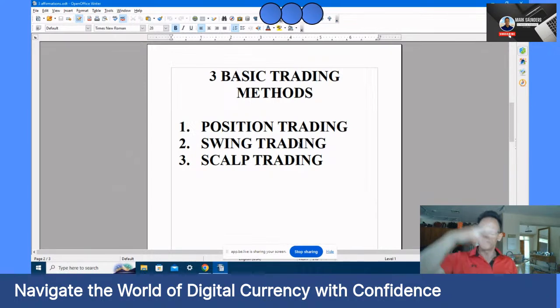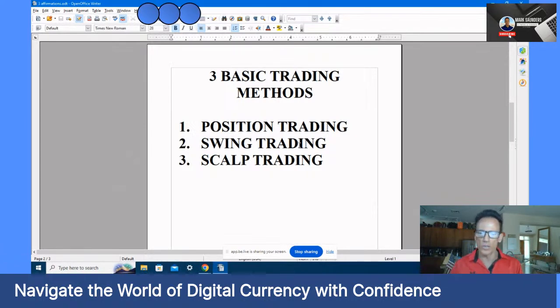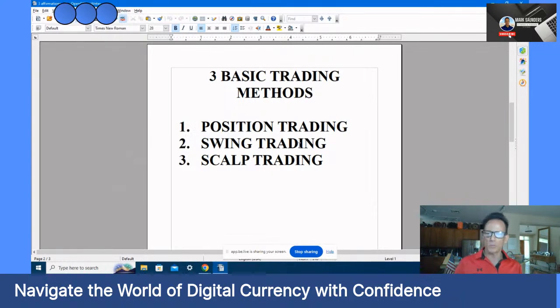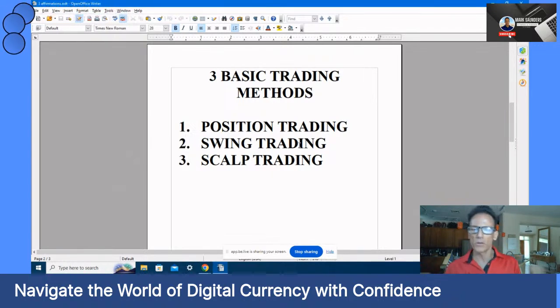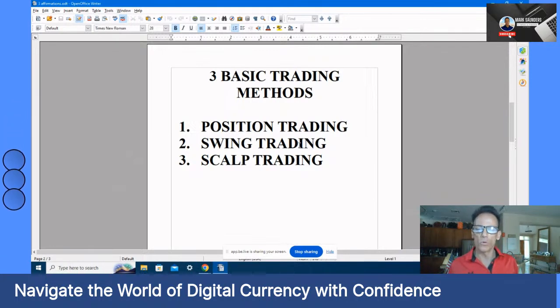I find other professionals will say they're just swing traders, or they're not scalp traders, or they're one or the other, and why they like one or the other. So it's good to really learn what style you are. The thing is, you don't really know till you get in and figure out what those things are.